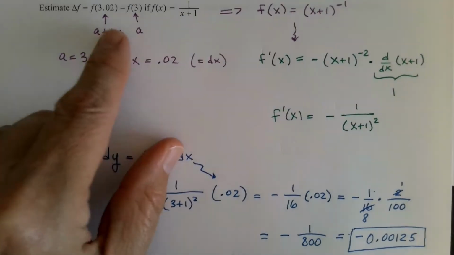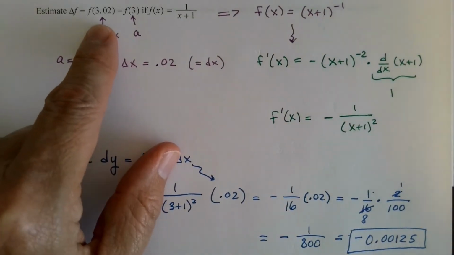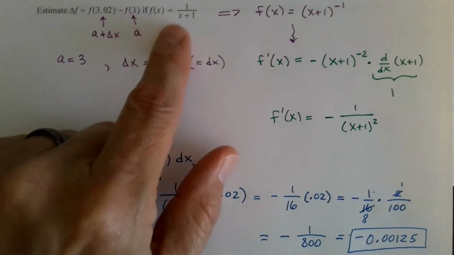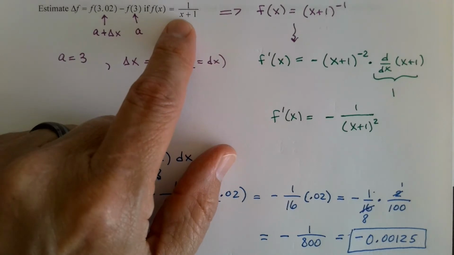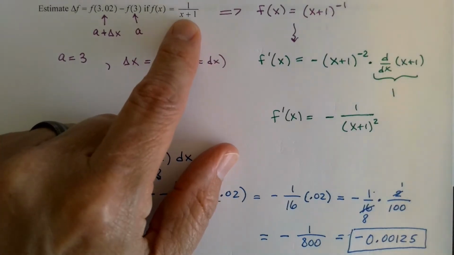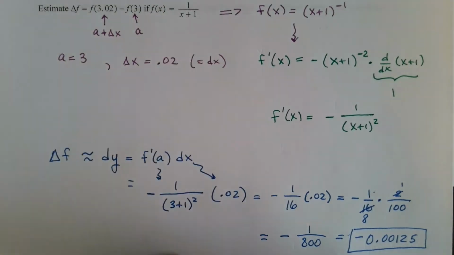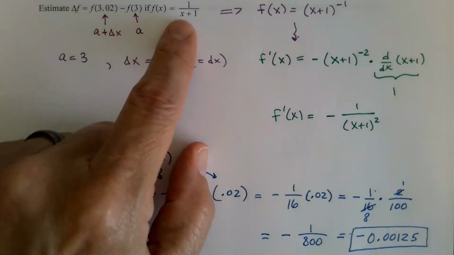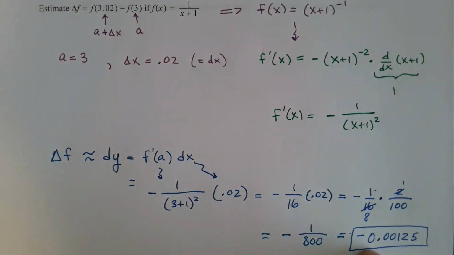Now that's not the exact change. If you wanted to know the exact change, you could use technology, a calculator, to plug in 1 divided by 3.02 plus 1, or 1 divided by 4.02, get that expression approximated, and then subtract f of 3, which is 1/4, 0.25, and you can get this value then.